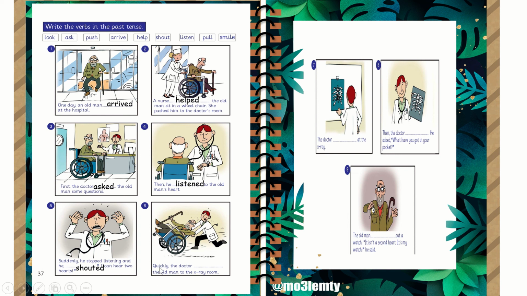Okay, quickly, the doctor, what is he doing, the old man to the x-ray room? He pushed. Okay, he pushed this man. And then the doctor, what is he doing at the x-ray? Looked at the x-ray.